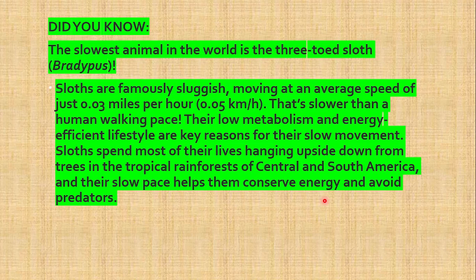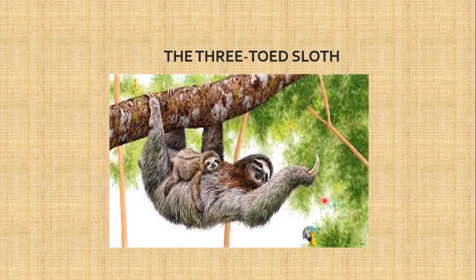Sloths spend most of their lives hanging upside down from trees in the tropical rainforests of Central and South America, and their slow pace helps them conserve energy and avoid predators. A sort of mimicry. They walk so slow. They remain static, so you think they are leaves in a tree or rather scarecrows, and they survive predators. All right. And here is the three-toed sloth. Okay? And with a baby sloth right there.